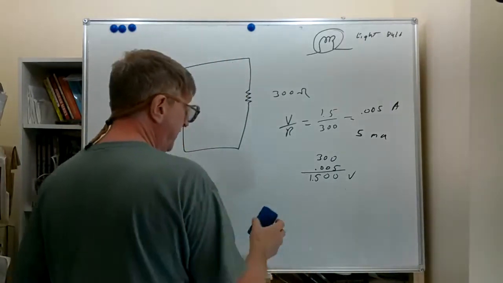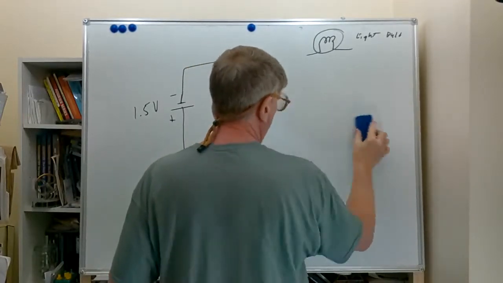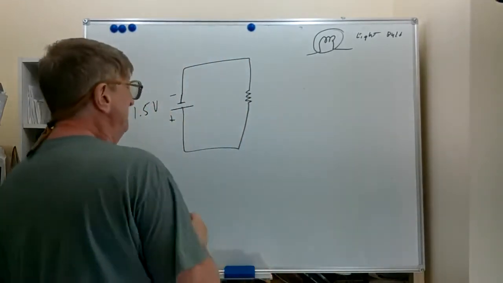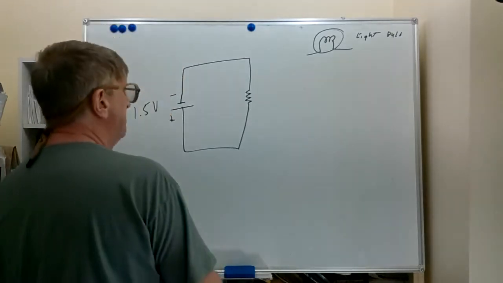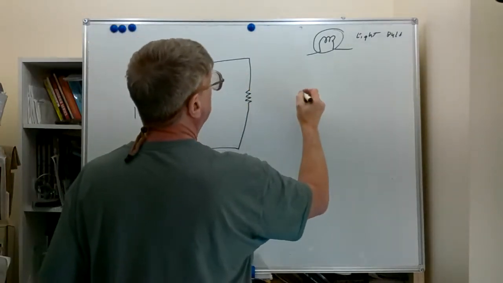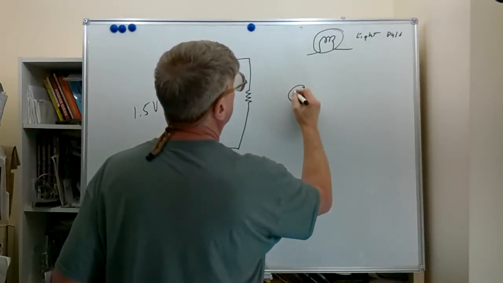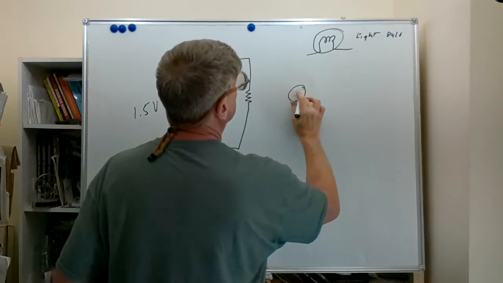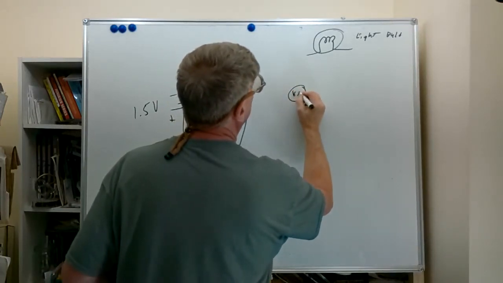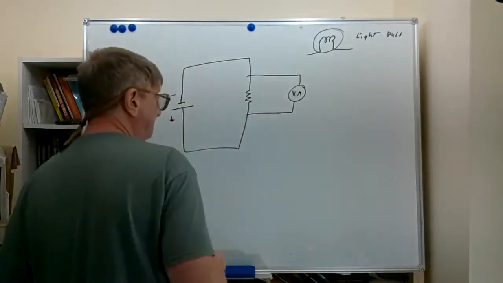Now, we're going to think about measuring voltage and measuring current. If we wanted to measure the voltage across this resistor, we'll draw a little symbol for a meter here. I'm just going to call it a voltmeter. We would just connect it right across there.